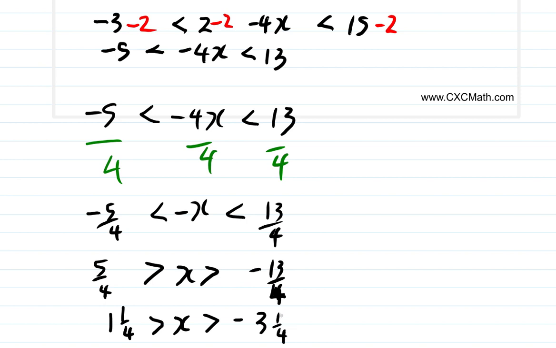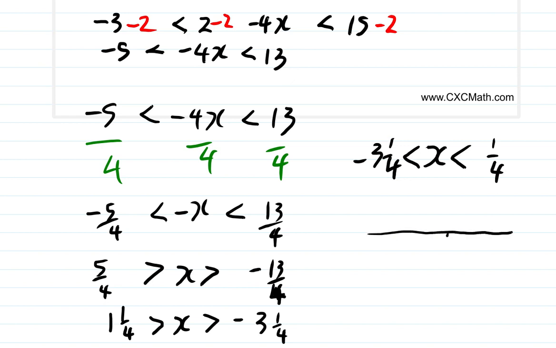Alright, so x is between negative 3¼ and 1¼, right? Now, it's a bit easier to visualize it like this. X is greater than negative 3¼ and it is less than 1¼.